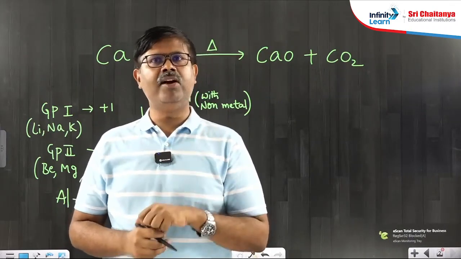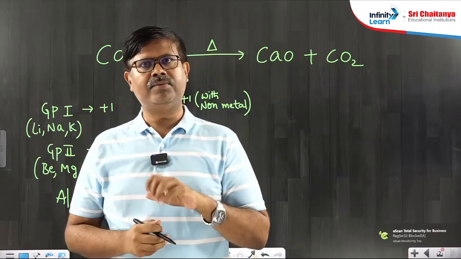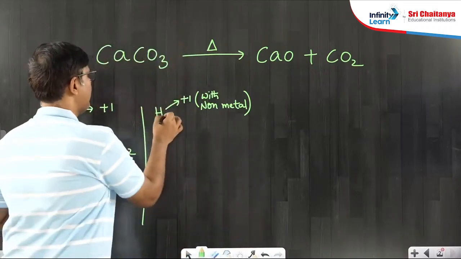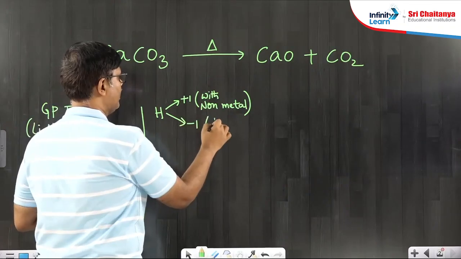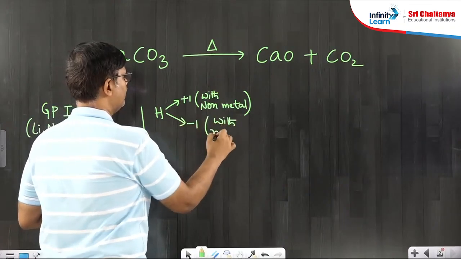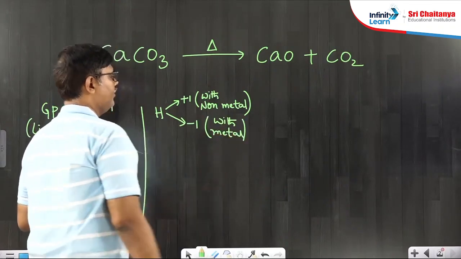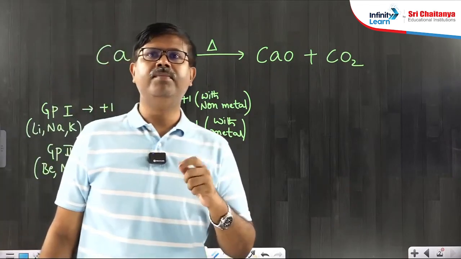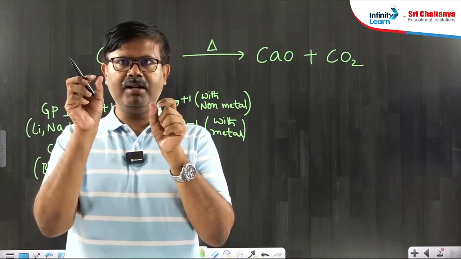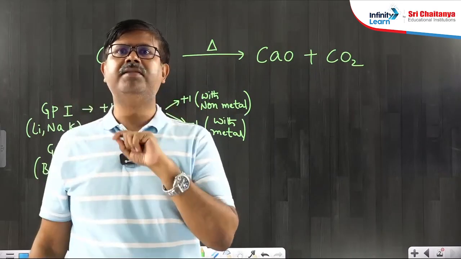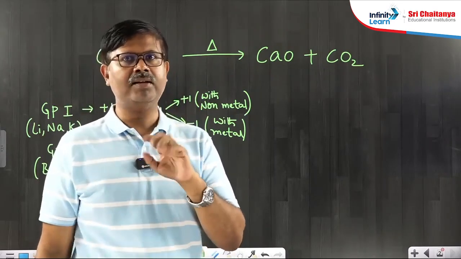In HCl, chlorine is a non-metal, so hydrogen has +1. Suppose hydrogen is in combination with a metal, then it will have a -1 state. For example, sodium hydride, NaH. In NaH, Na is a metal, so H will have -1 oxidation state, not +1.